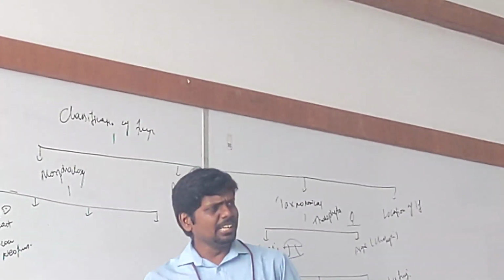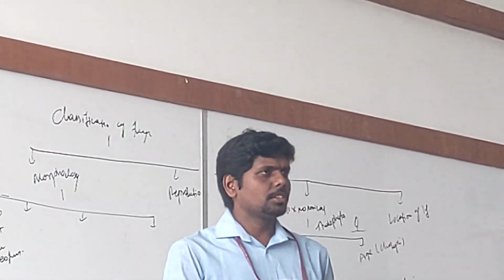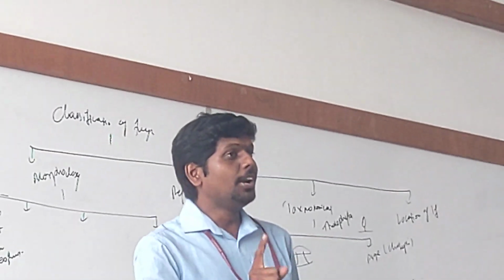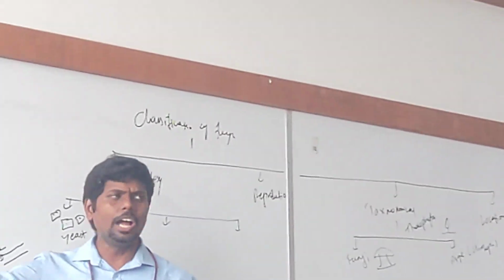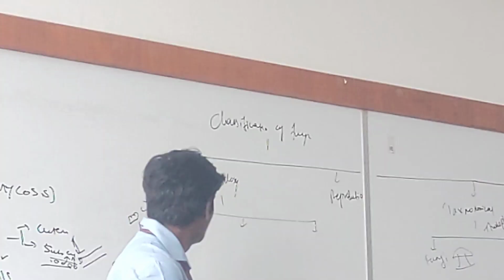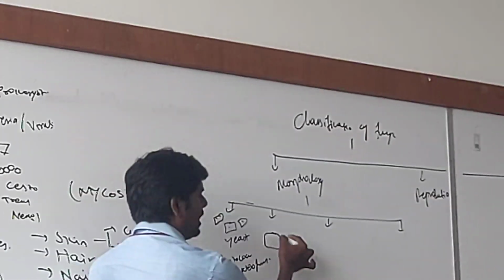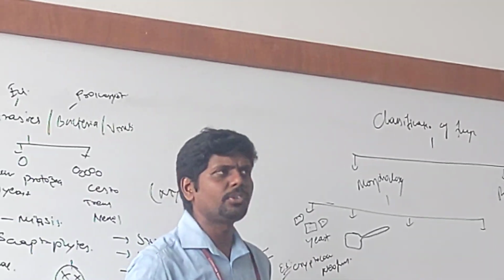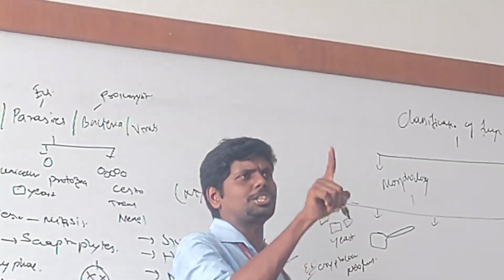Now, there are some fungus that are yeast, but they will also have pseudo hyphae. It looks like hyphae, but is not actual hyphae. It's not actual hyphae, but it looks like an elongated structure.